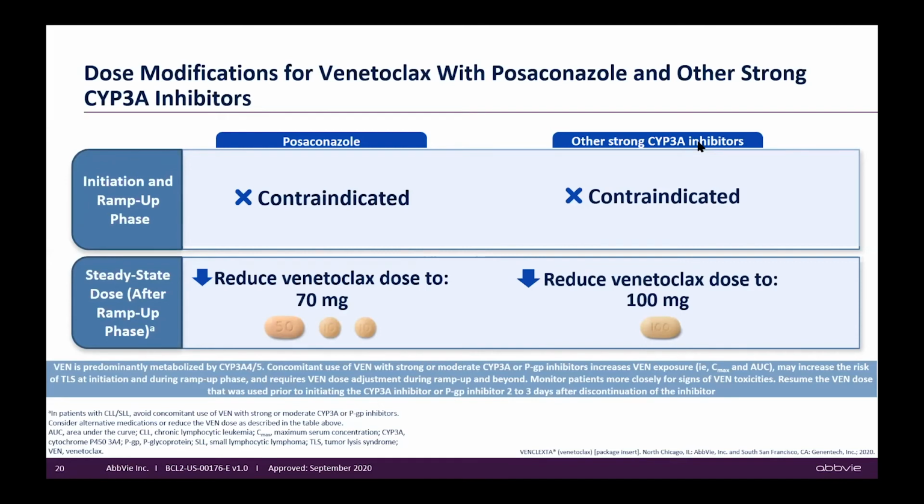And of course, with other strong CYP3A4 inhibitors, we would still want to reduce the venetoclax dose down to 100 milligrams. And interestingly, it still remains that the combination of posaconazole and other strong CYP3A4 inhibitors during the initiation and ramp-up phases for venetoclax is contraindicated.